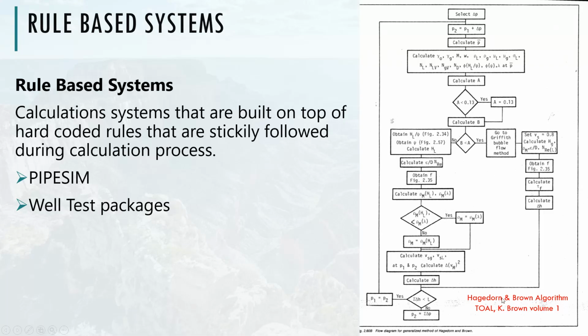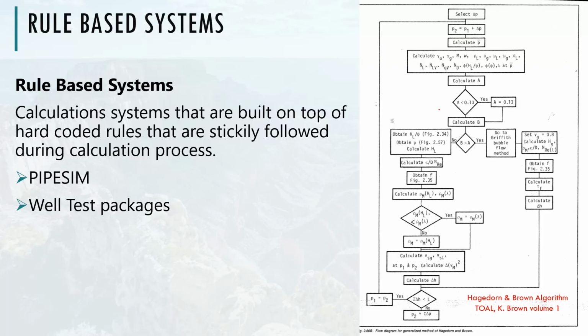By the way, this workflow I'm getting from the H. Brown algorithm from The Technology of Artificial Lift, by Brown, and this is an old book. So I already have the book in a PDF format if anyone wants that as well. So this is a rule-based system.